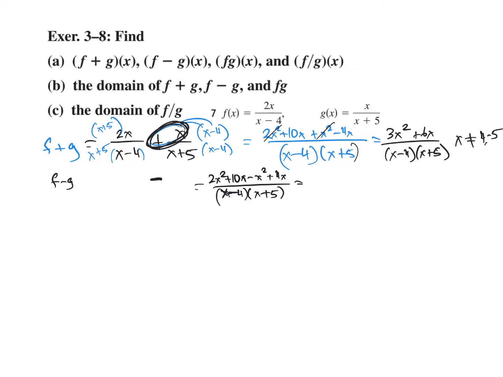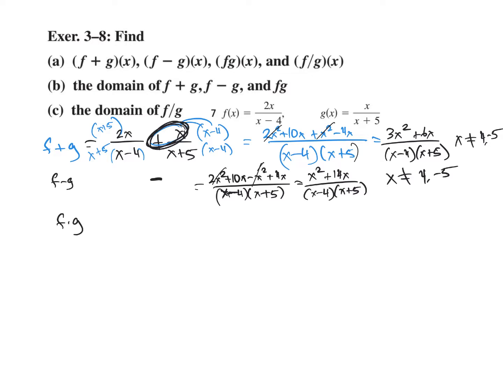So we simplify that. 2x squared minus x squared is x squared, and 10x plus 4x is 14x. And again, that doesn't have any bearing on the domain. It should still be the same because it's what's in your denominator that you're worried about, so x can't be 4 or negative 5. Now, f times g.